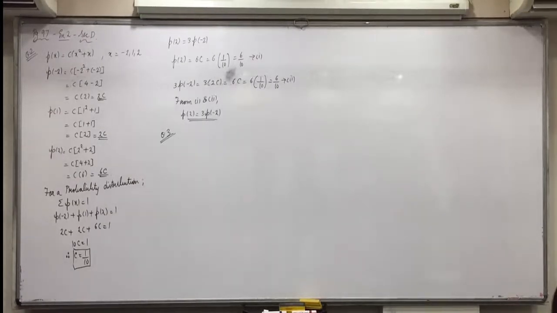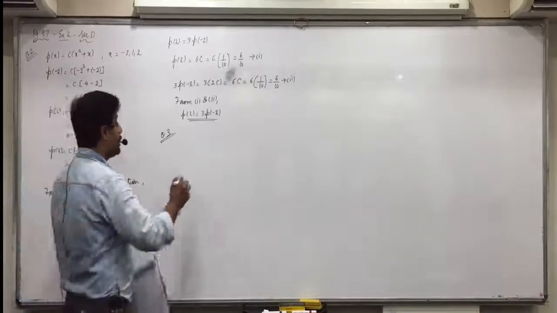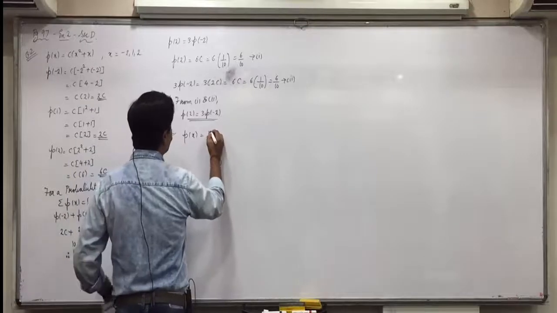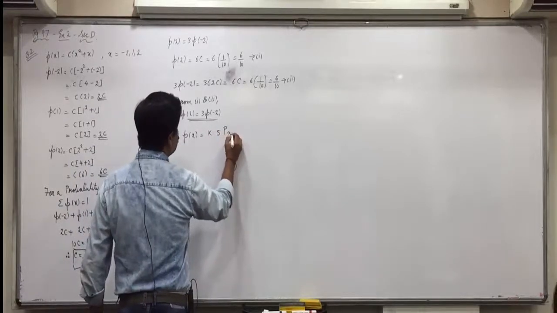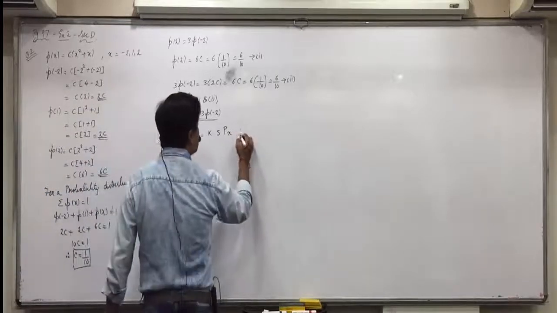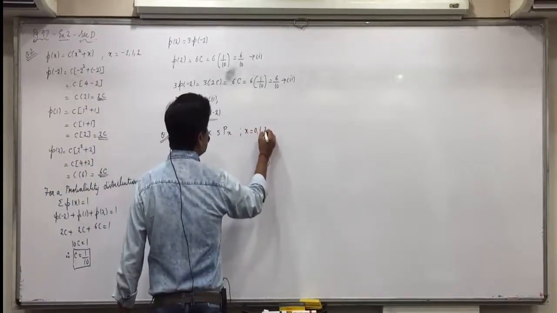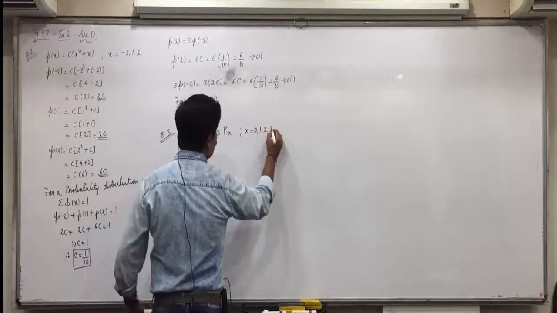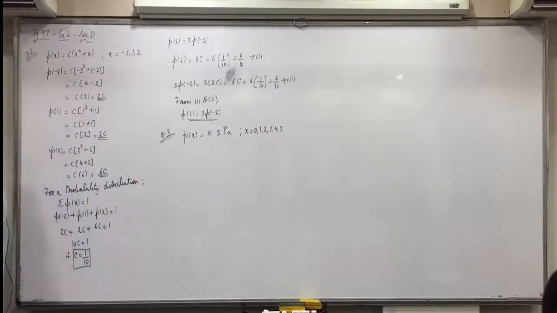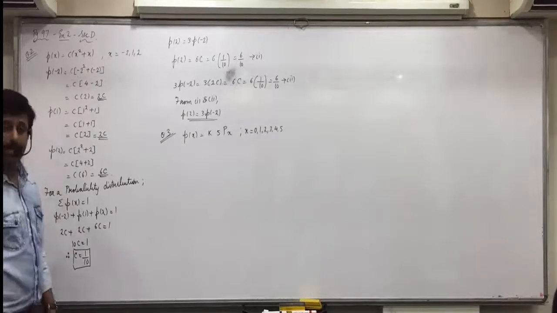The distribution of a random variable x is P(x) is equal to k into 5Px, where x is 0, 1, 2, 3, 4, 5. Find the constant k. For that we'll have to do sigma P(x) equals 1, and then the mean of the distribution, we'll have to write the probability distribution.